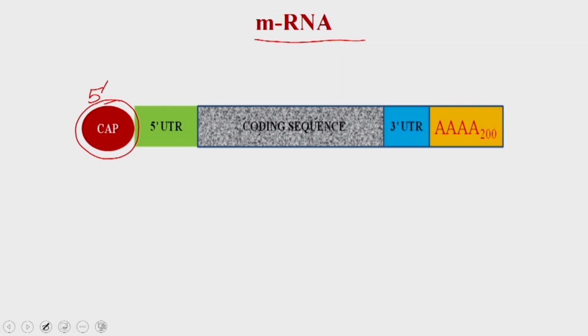Then you have the 5 prime UTR region, which is responsible for guiding the ribosomal assembly. Then there is the coding sequence, which is the sequence responsible for generating the protein, and this is the only sequence which is generated from the DNA.